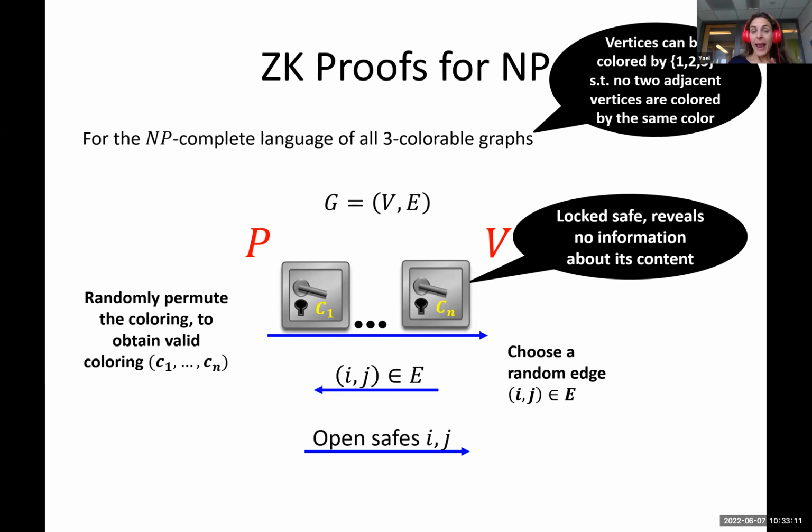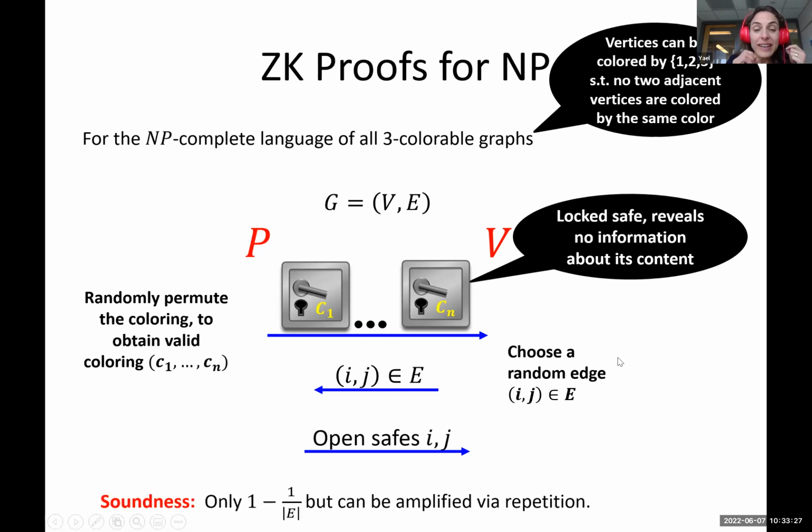You're right. That can be. And therefore, if he chooses the problematic edge, I'm dead. Then you caught me. But there is probability 1 over the size of E that he will choose the bad edge. So you'll still catch me, but with probability only 1 over the length of E.